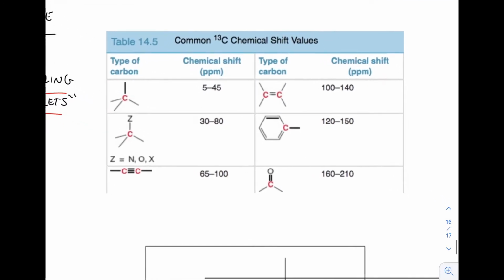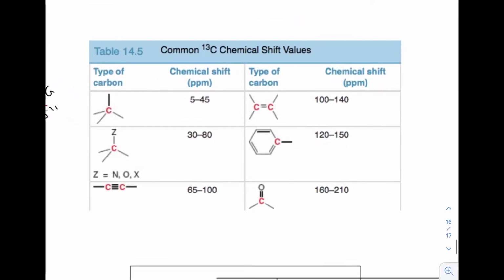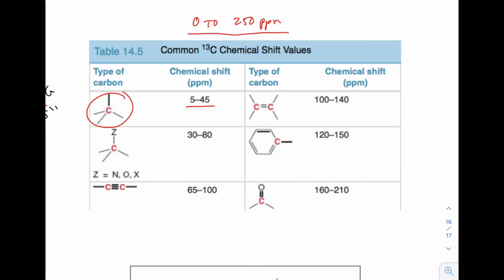Which is still helpful because we do have this chart, which is very similar to the proton NMR chart, where we have just a typical alkane, and that ranges from 5 to 45. Now, that brings me to an important point: the carbon NMR can range from 0 to maybe 250 ppm, a typical window that you might see, whereas the proton NMR, let me write this, carbon 13 NMR, 0 to 250 ppm, and then the proton NMR was 0 to 12 or 14 ppm.